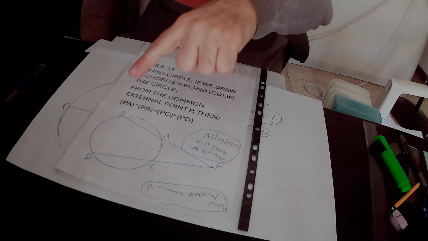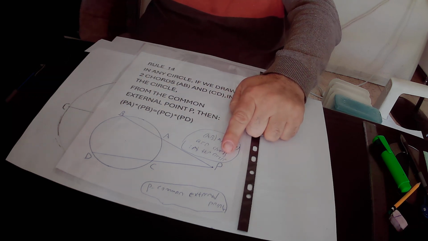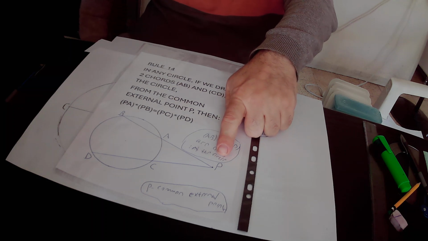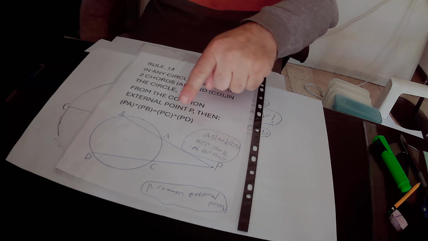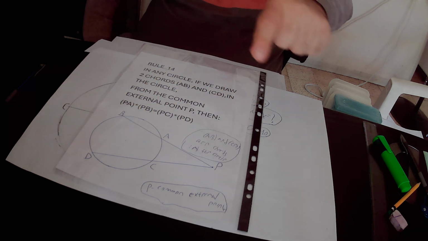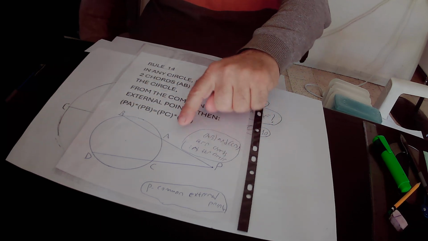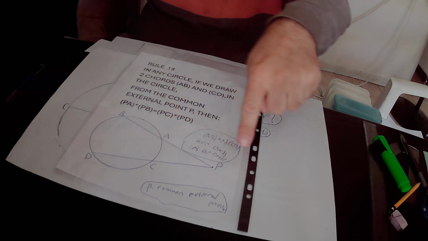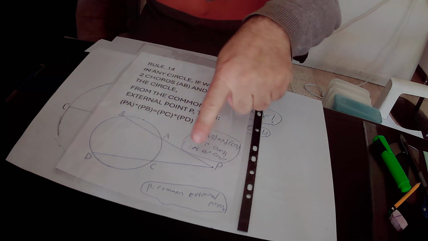So we have here a circle, and we have the common external point P. From the common external point P, we draw two chords inside this circle, chord AB and chord CD. So in this drawing, the following equation is true: PA times PB equals PC times PD.